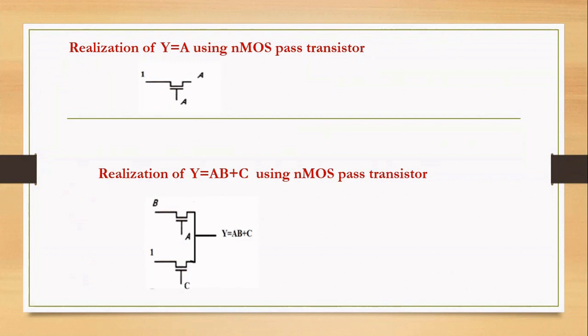In order to implement Y is equal to A, a single pass transistor can be used. Logic 1 is applied to the pass input, A is applied to the gate, so that we'll get the product 1 dot A, that is nothing but A, which realizes a simple buffer.